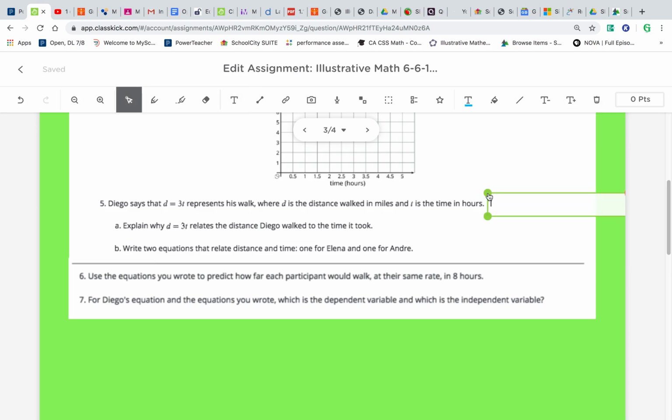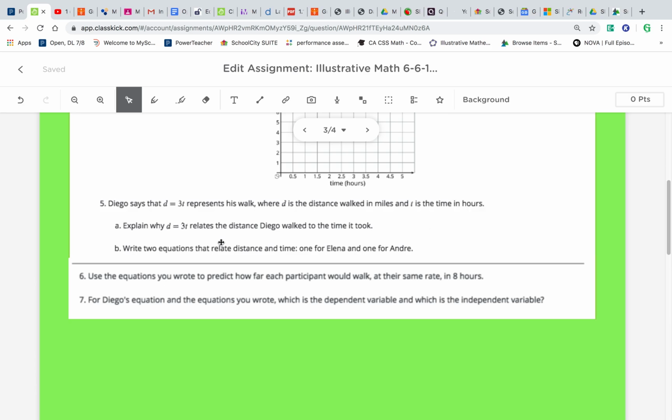If the distance really is 3 miles, that's going to be 3 instead of the d, equals 3 times t, and if it's per hour, this is going to be a 1. Is this true? 3 equals 3 times 1? Well, yes, 3 does equal 3 times 1. So he is correct. Distance is 3 miles, time is 1 hour. If you fill in that equation, it's a true equation, and that's why.